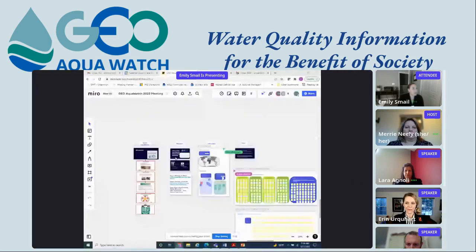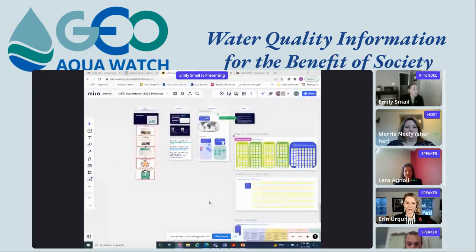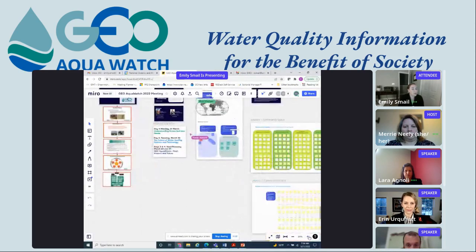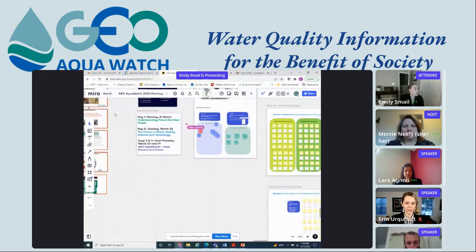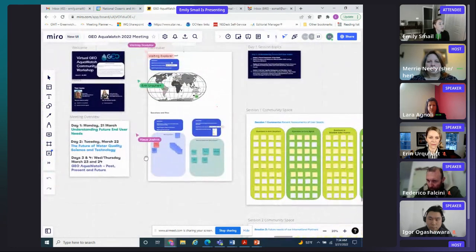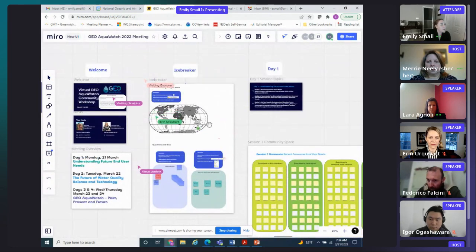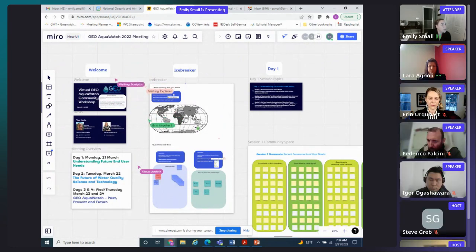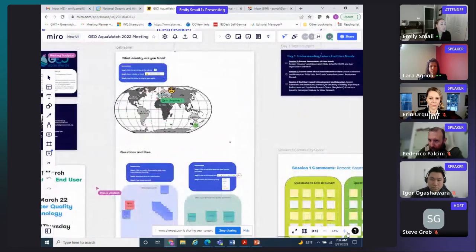You will see that there are several different sections of the board. And what we have set up here for people to test out the Miro board is an icebreaker.